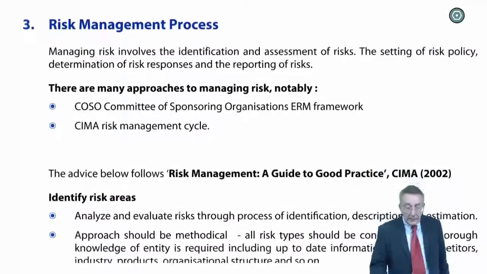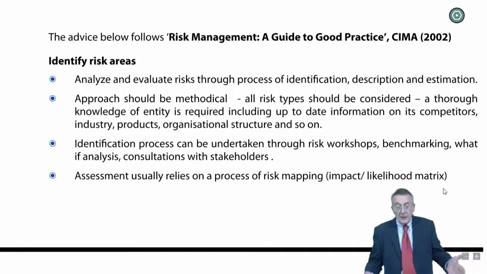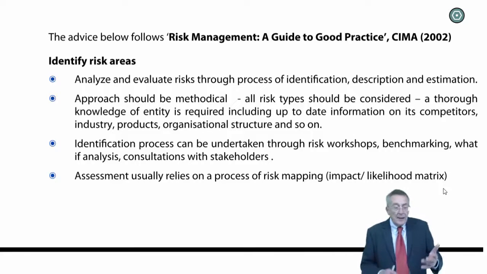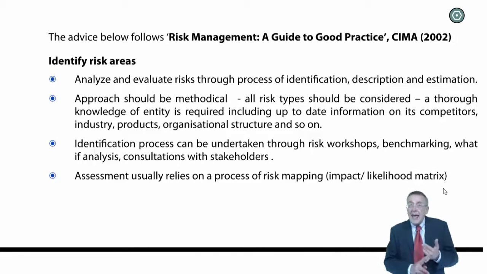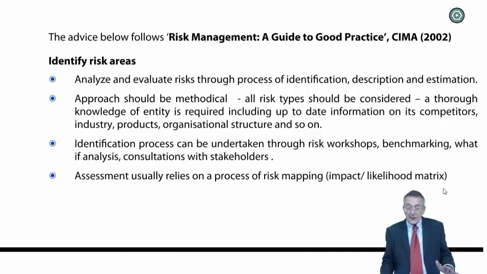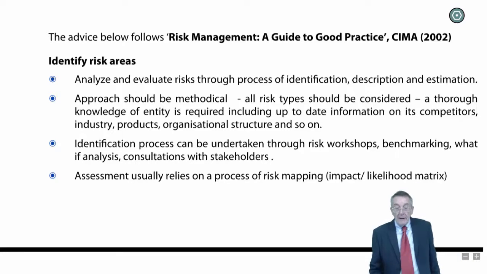And further down, it says CIMA's suggestions about risk management. The steps we should take: we should identify the areas in the business where there are risks. We should identify all the risks. It says all types of risks should be considered.